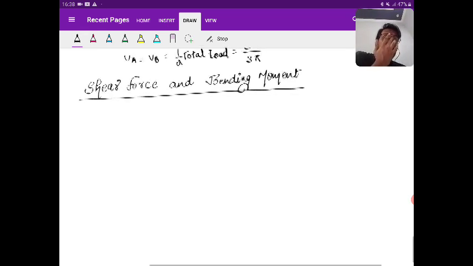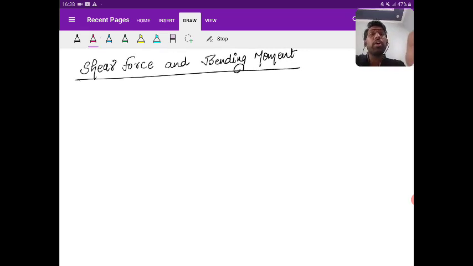This internal resistance is developed due to externally applied transverse loading. If I talk about shear force, just listen to the definition. I will show you how it is referred to as internal resistance.